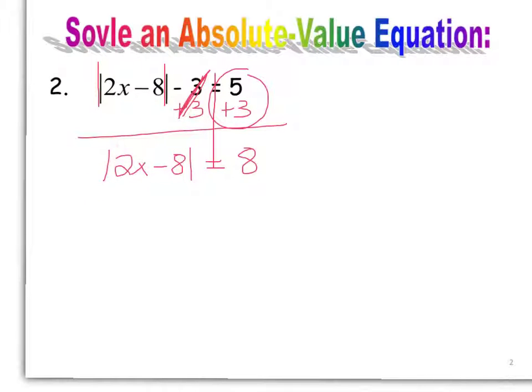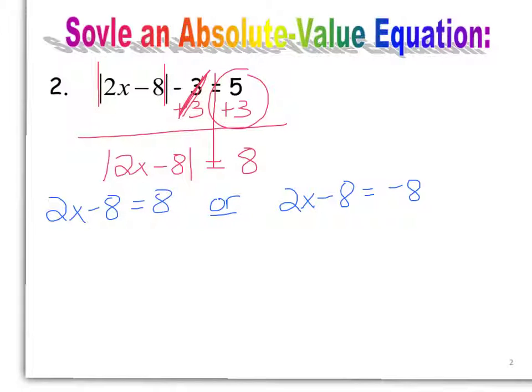The absolute value is isolated, and so now we can go ahead and set up the two equations. So we have 2x minus 8 equals 8, or 2x minus 8 equals negative 8. Okay, and we're going to go ahead and solve these. So add the opposite, plus 8.